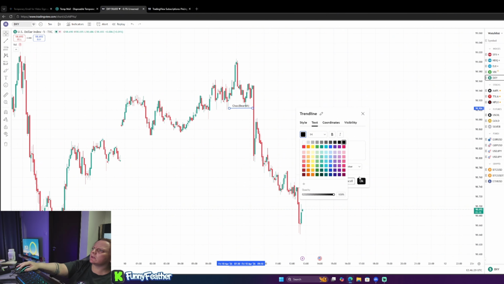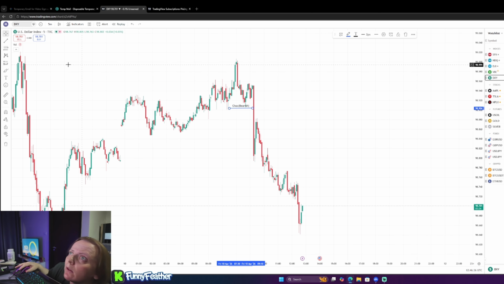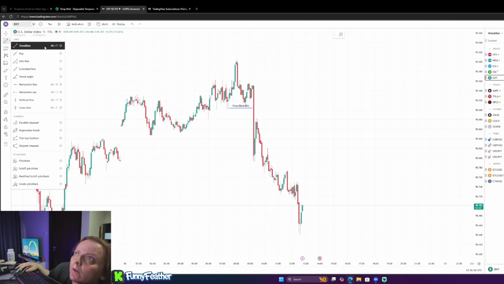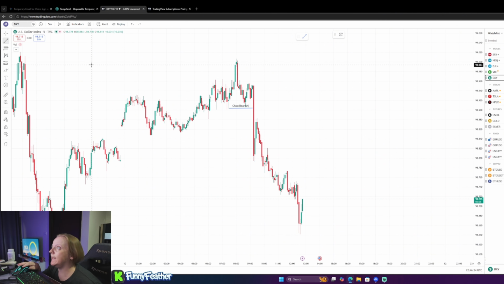Maybe I make it black because I like it black. Okay, so there we have that we use for our lines, and you can then also favorite it. Trend line, Alt T, we are making it favorited, yes? Okay. We have our favorite box.